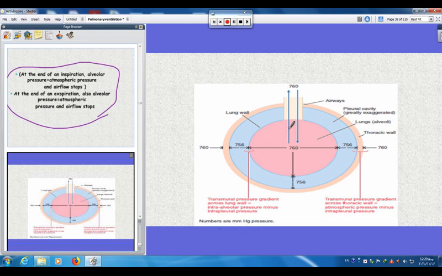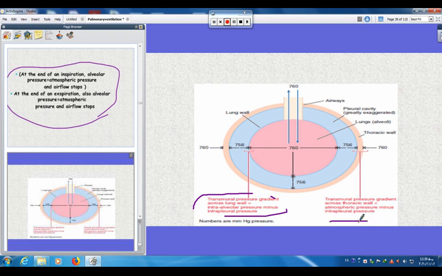For example, the transpulmonary pressure gradient across the lung wall is equal to intra-alveolar pressure minus intrapleural pressure. This is very important. The pressure gradient across the thoracic wall is equal to atmospheric pressure minus intrapleural pressure.